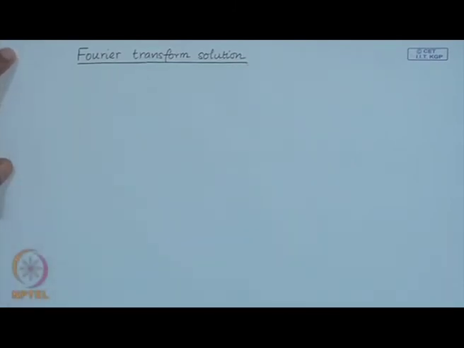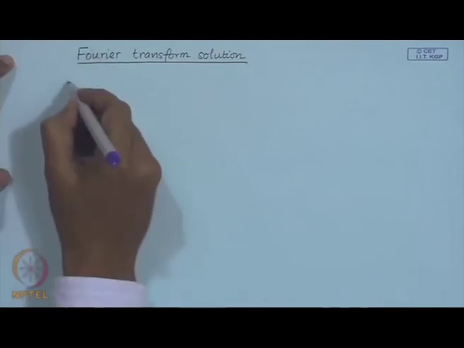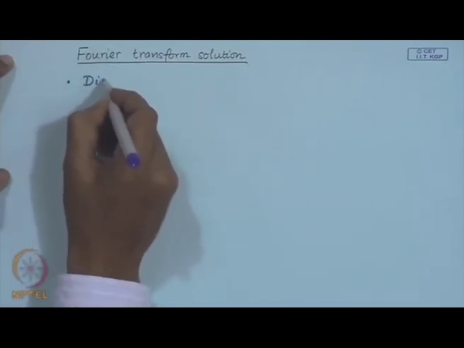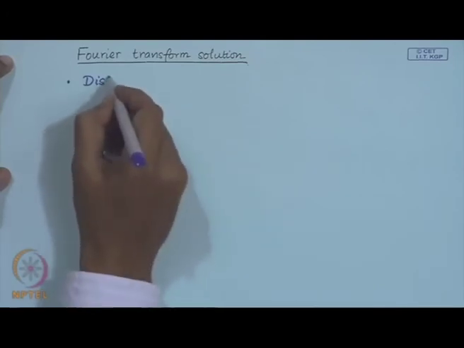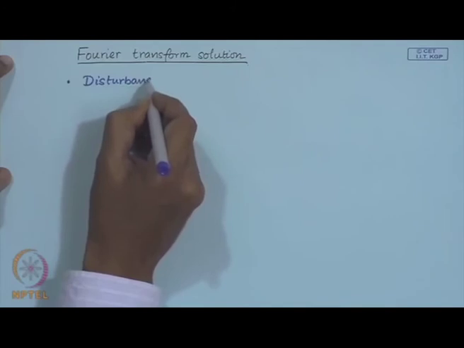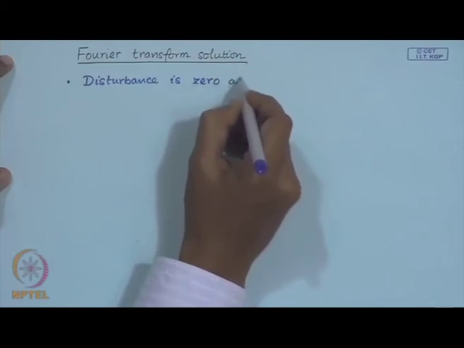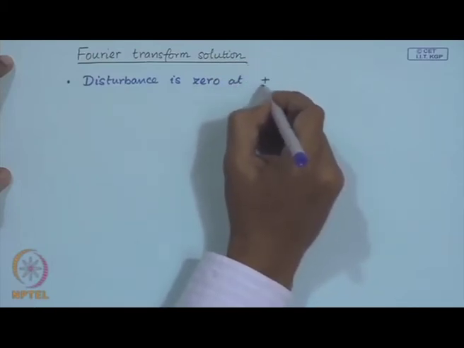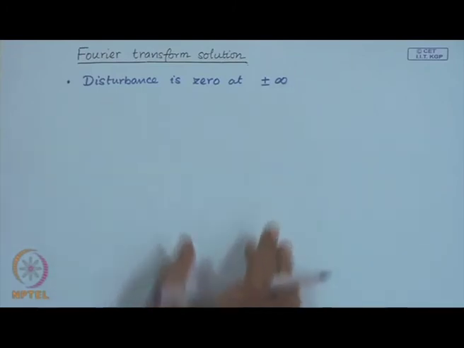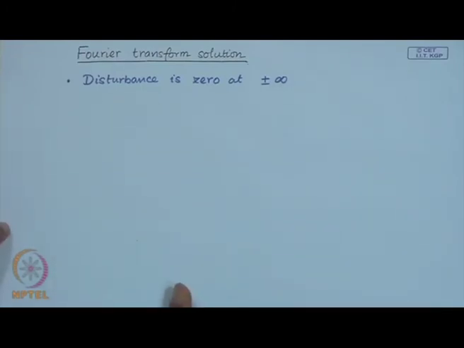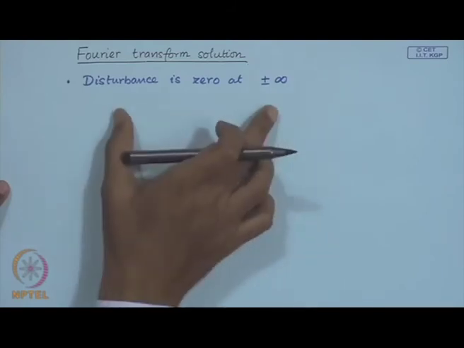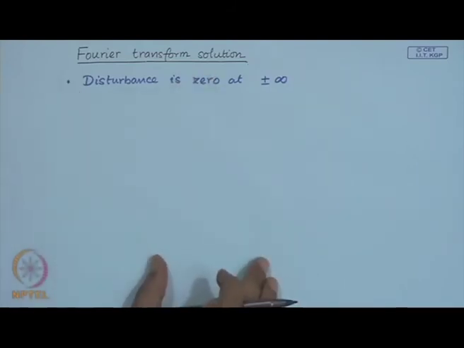One thing we assume when we consider Fourier transform for an initial value problem is that the disturbance, whatever initial conditions are given, is 0 at infinity. This assumption is made to ensure that the Fourier transform exists. So, we must satisfy the condition of existence of the Fourier transform, otherwise this method would fail.